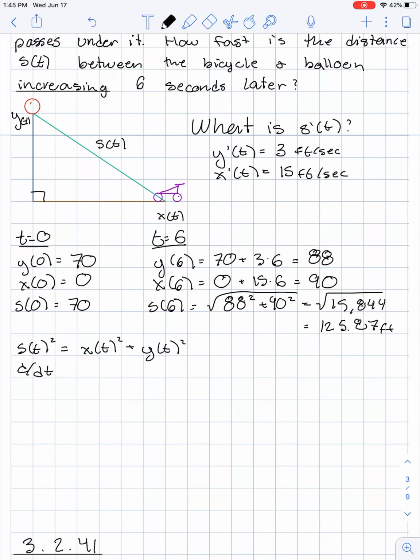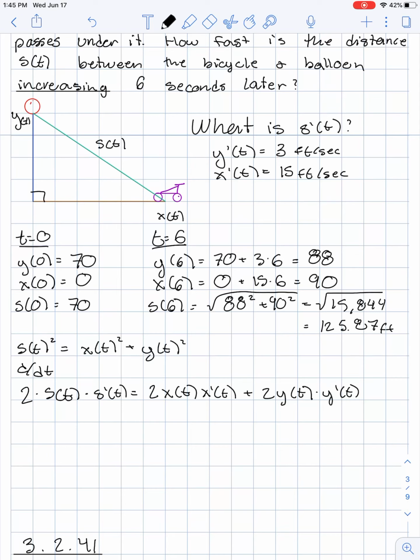So I'm going to take the derivative of this with respect to time, d dt. Power rule says that I'm going to take 2 times s of t times s prime of t equal to 2 x of t x prime of t, plus 2 y of t y prime of t.